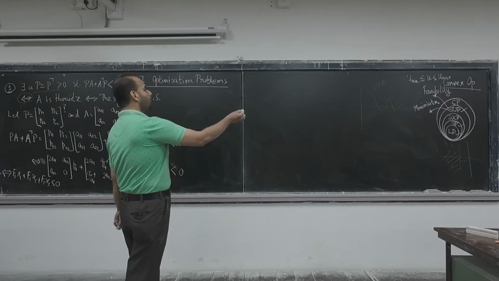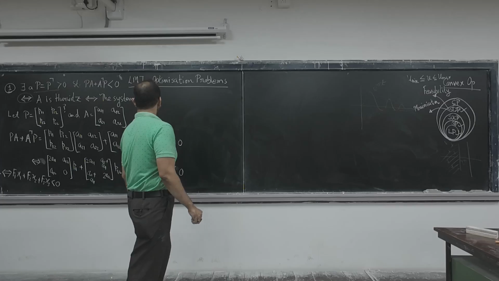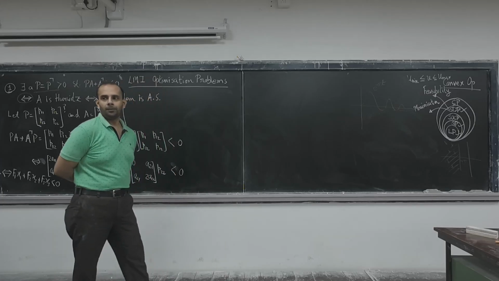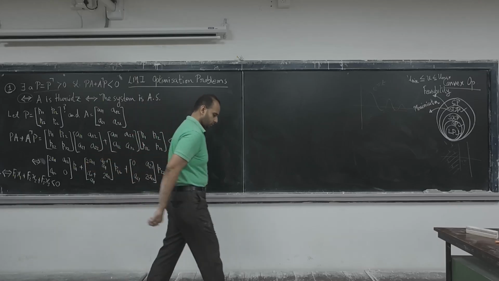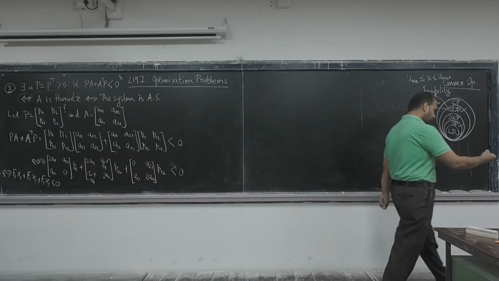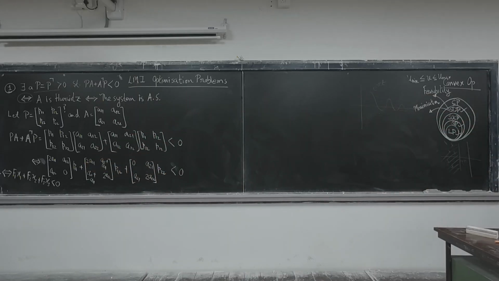So how would you formulate and solve that problem using the LMI? Please check how we wrote last day, and then you suggest how you would write in this case.